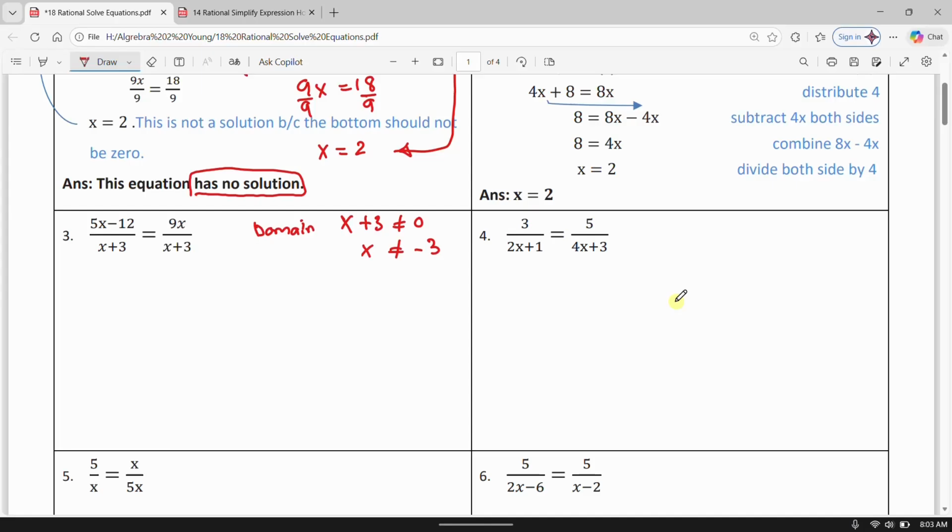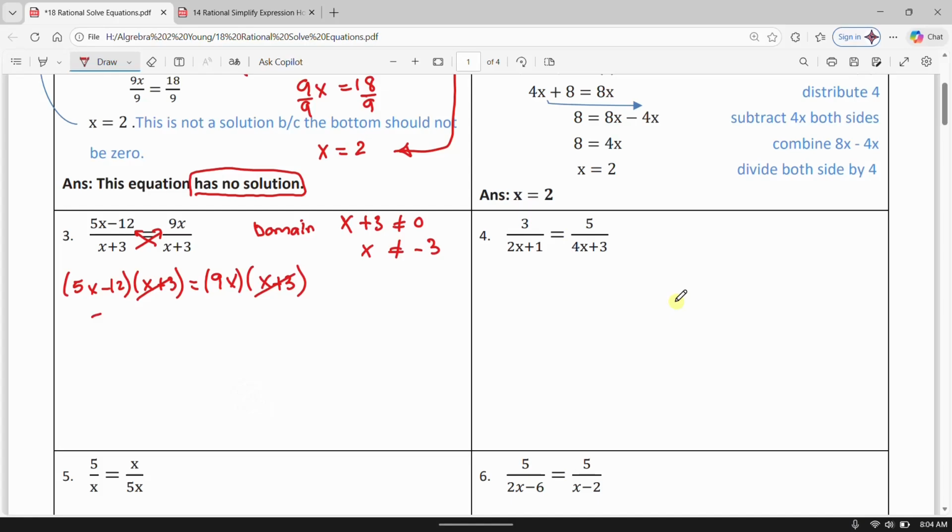So here we can cross the x plus 3 on the bottom, but we go ahead and cross multiply first to see what we can do. We're going to keep the 5x minus 12 in the bracket, and then we multiply x plus 3, keep it in the bracket as well, and 9x, and then x plus 3. So now we need to cross out the x plus 3.